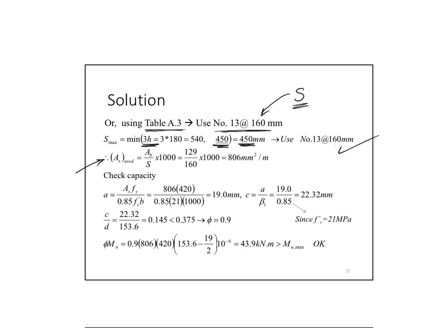Now we chose the S smaller than the S we got, so it got to be 806. Use the 806 in your actual calculations to find A, C over D, phi Mn, and then compare your phi Mn to your Mu, and if it's bigger, you're good. Simple? Simple.